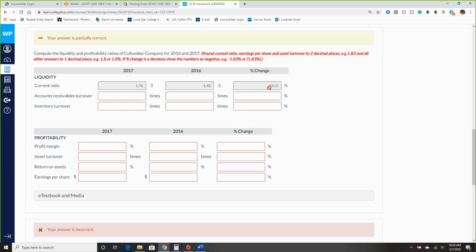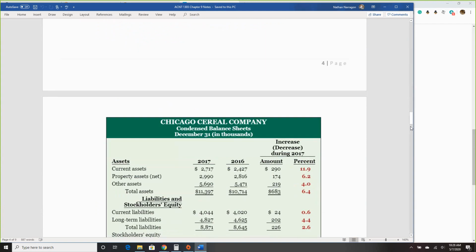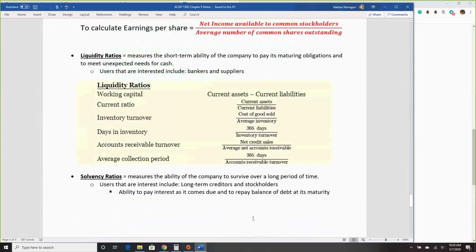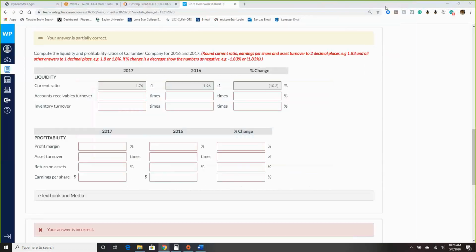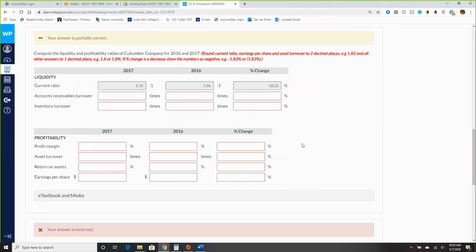Okay, that's one ratio down. A lot more to go. Again, accounts receivable turnover, right? Yeah, turnover. Net credit sales divided by average net accounts receivable.